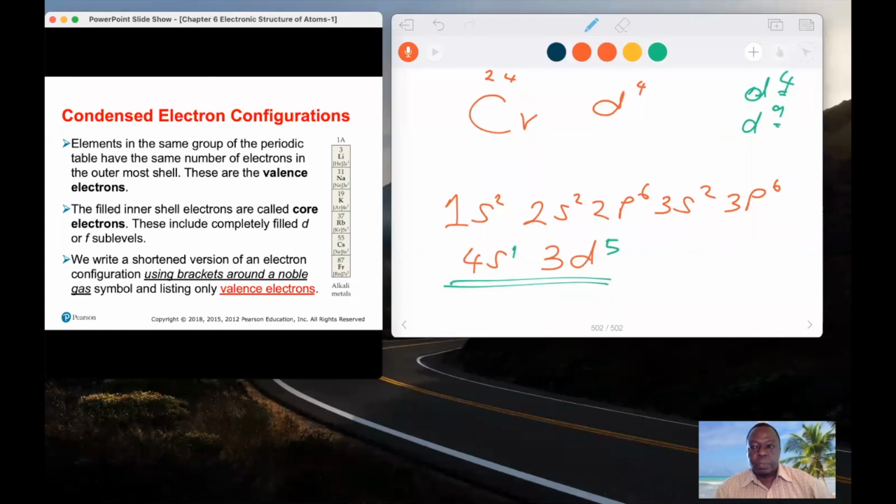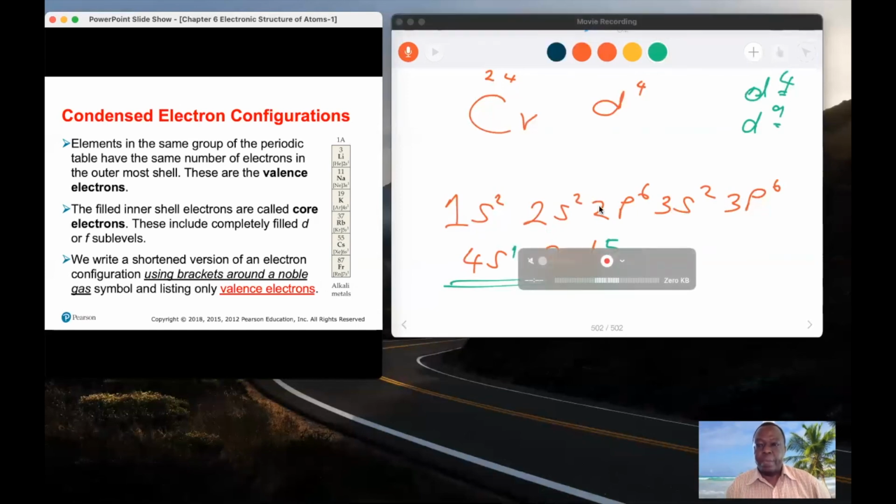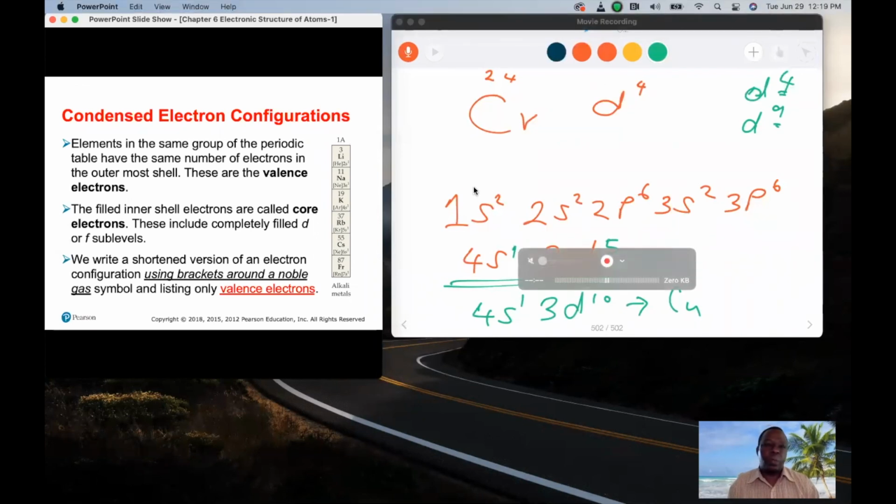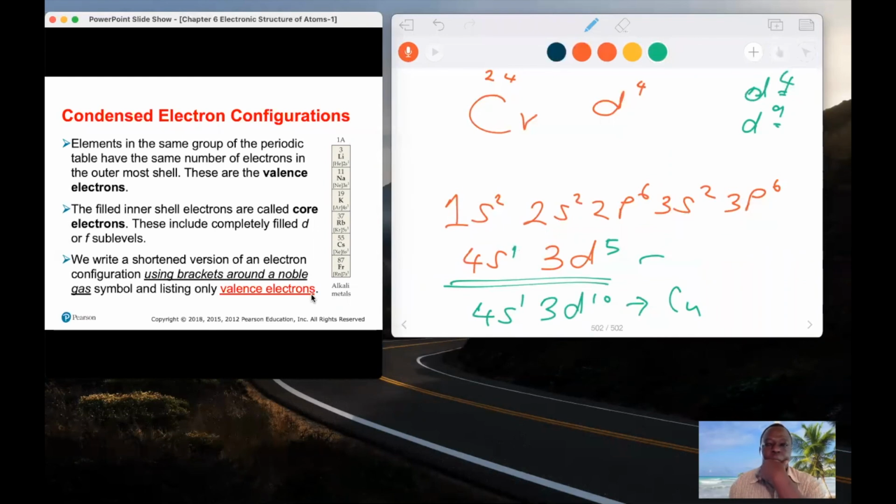Within the first 30 elements on the periodic table, only chromium and copper have this: 4s1 and 3d5 for chromium, and for copper it is 4s1 and 3d10. It's abnormal, and this has to do with the stability of the atom.